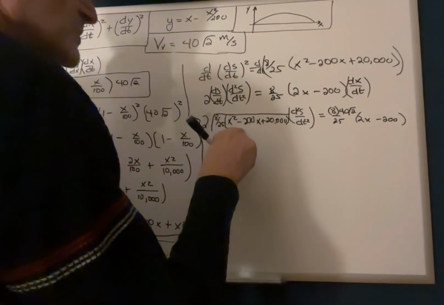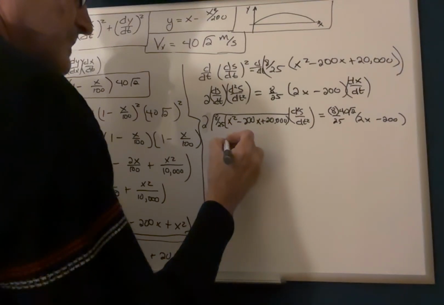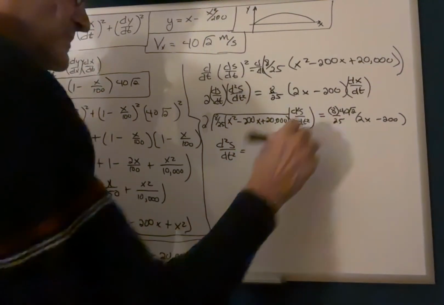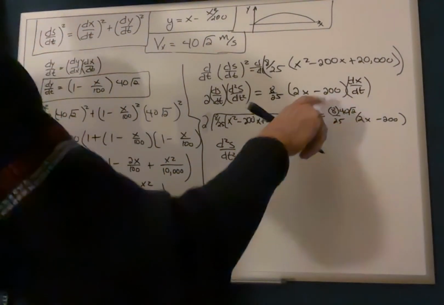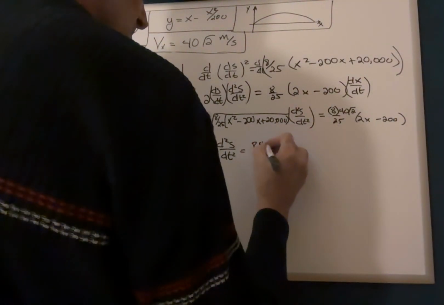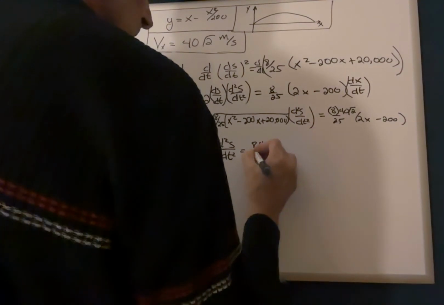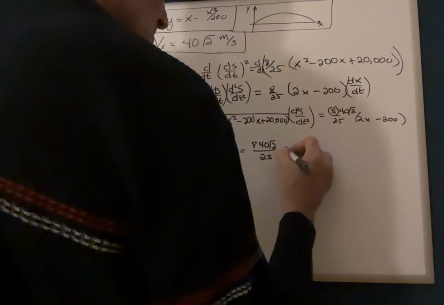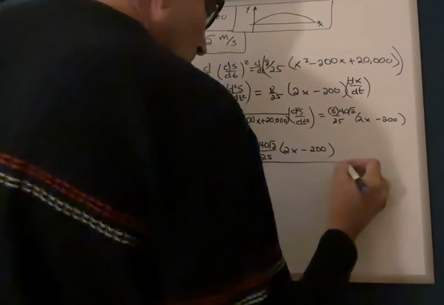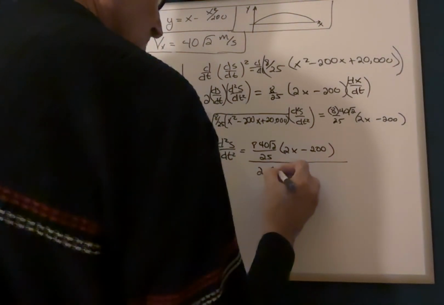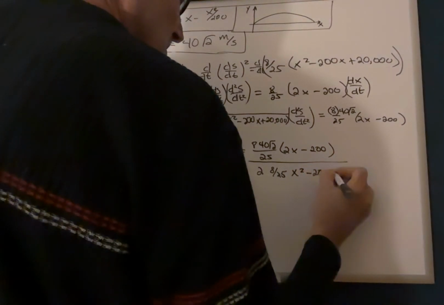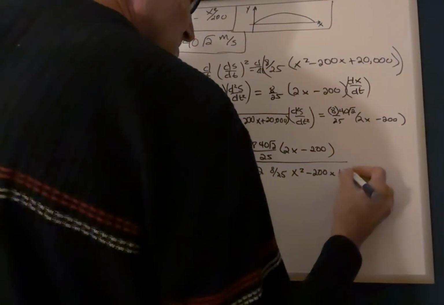What do we have to do? Divide both sides by this, so we get d squared s over dt squared equal to 40 times 2x minus 200 over 25, divided by 2 times the square root of 8 divided by 25 times x squared minus 200x plus 20,000.